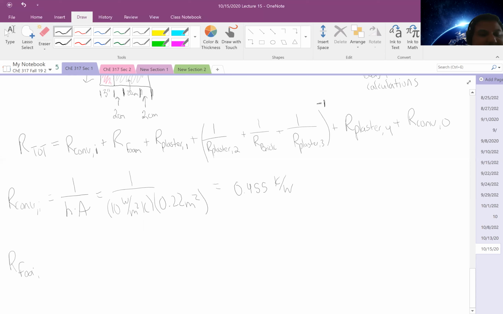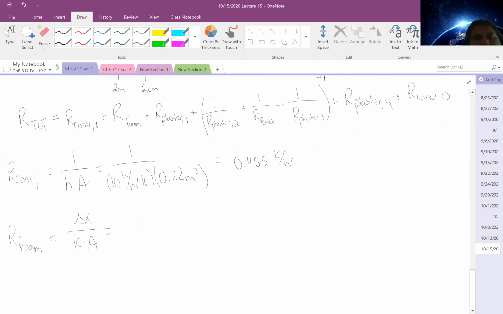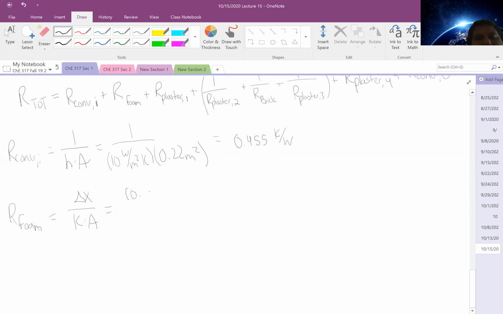The next value I need to identify is the resistance in my foam layer, which should be delta x over kA. The thickness of that layer is 3 centimeters or 0.03 meters.